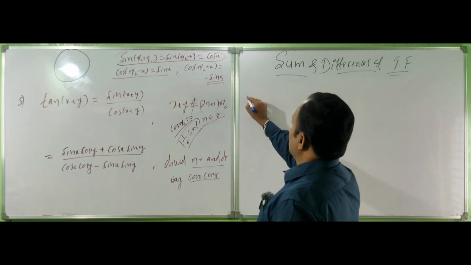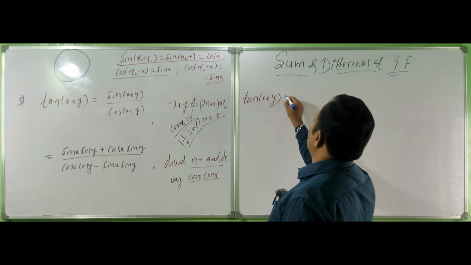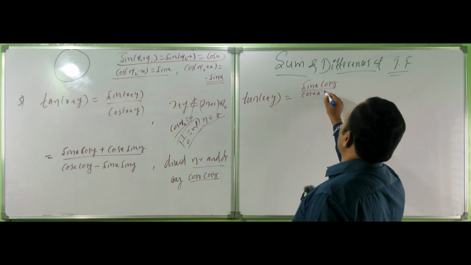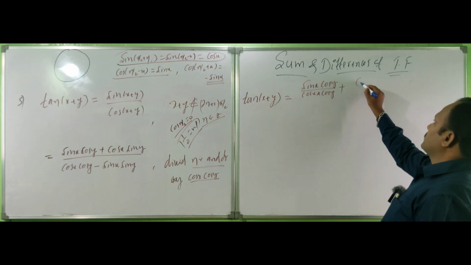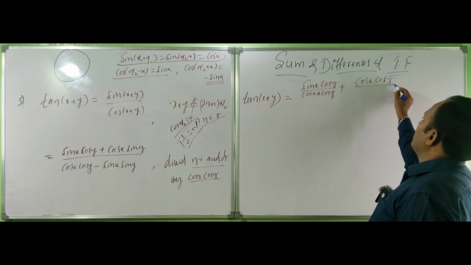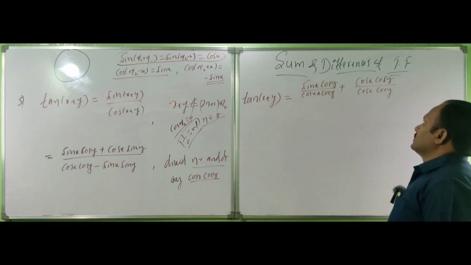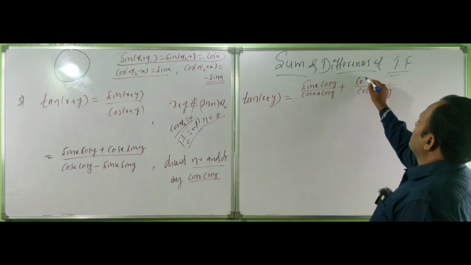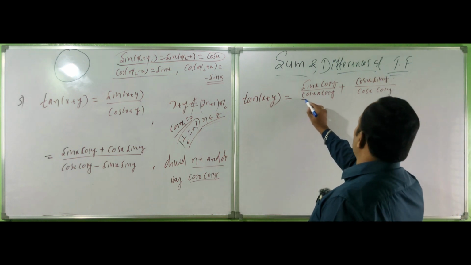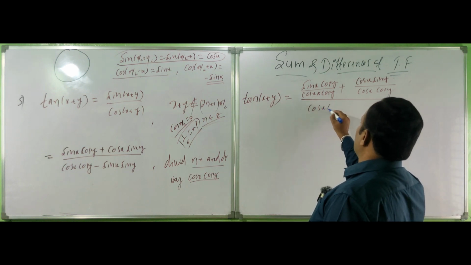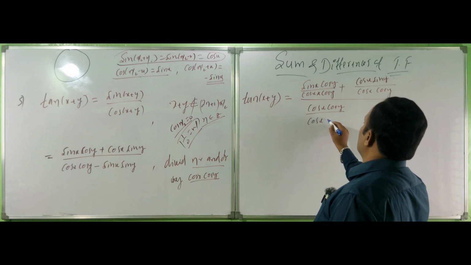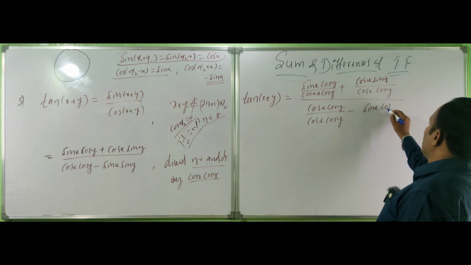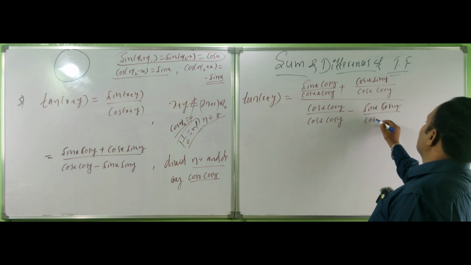This gives tan of x plus y equals sin x cos y divided by cos x cos y plus cos x sin y divided by cos x cos y, the whole divided by cos x cos y divided by cos x cos y minus sin x sin y divided by cos x cos y.